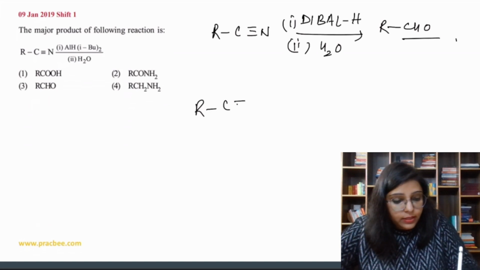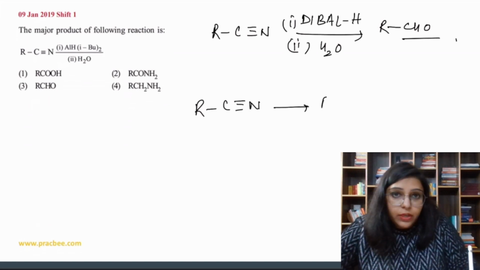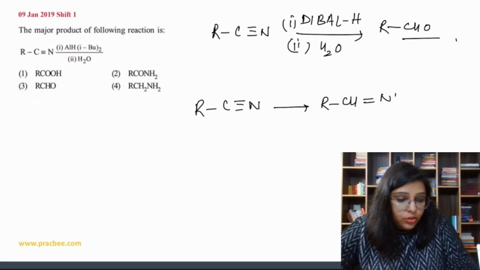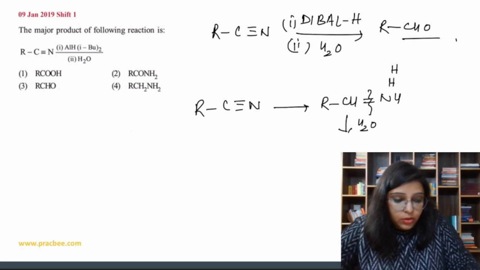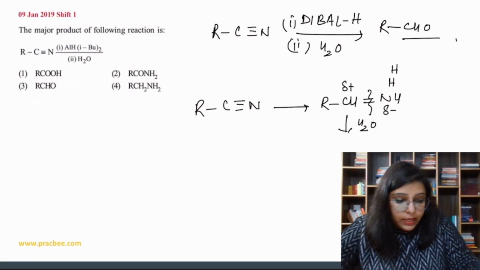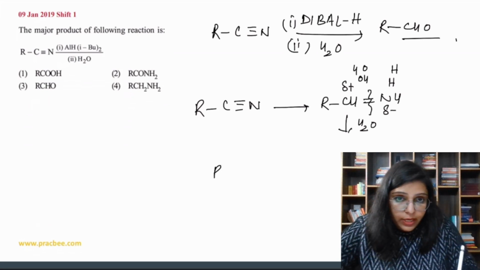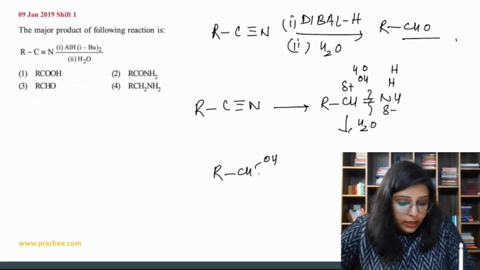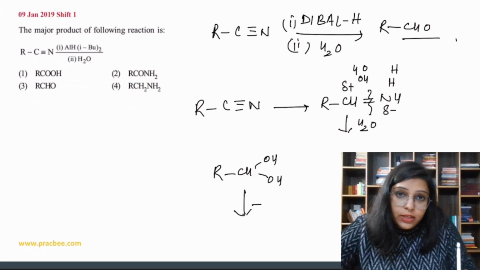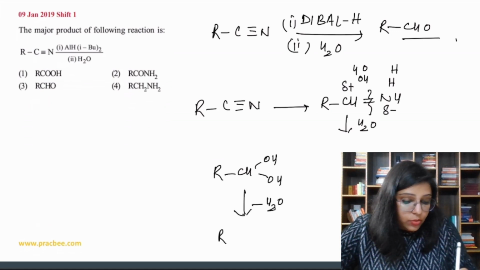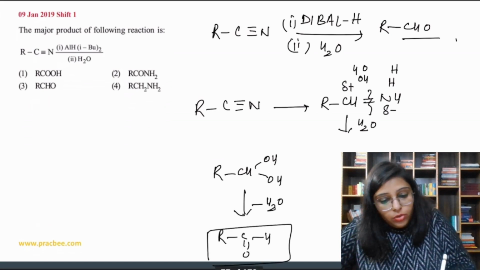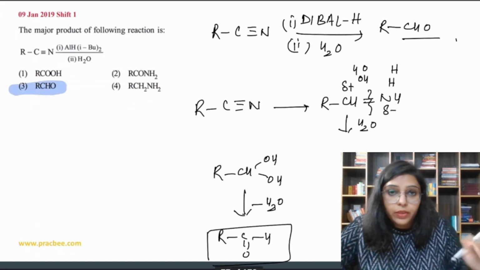First cyanides are converted to RCH double bond NH. Then in the presence of water, we are going to dissociate this. So H, H. Why? Because delta negative, delta positive. So with this carbon OH in OH, we get RCH(OH)2. Two OH are unstable on one carbon, so rapid loss of water. So RC double bond O H. Understood? So option is third.